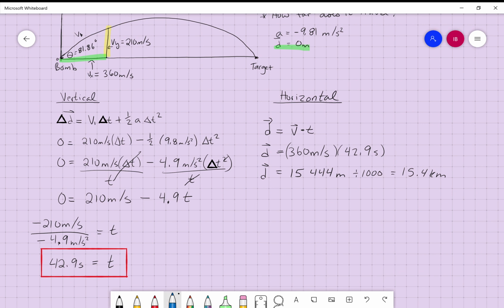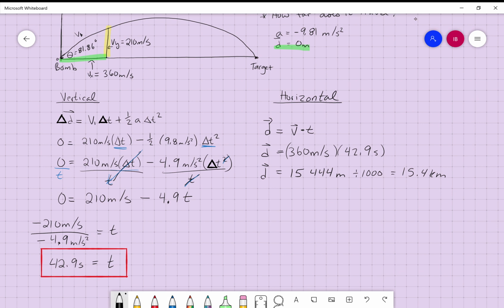I have 1 t in this term and 2 t's in this term, so I can divide both sides by t. This crosses out here, I'm left with 1 t here, and this t is gone. I'm also technically dividing this 0 by t, but it doesn't matter because it is 0.